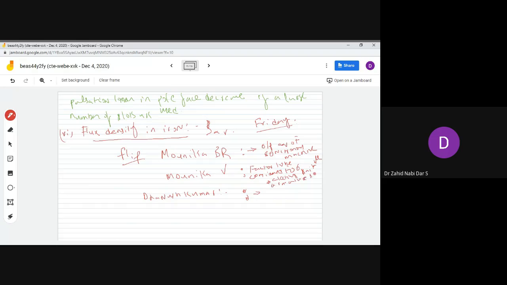And Danush Kumar, is Danush Kumar there? Tell Danush Kumar, Ratika. I will mark him absent today. Danush Kumar, where are you? You have to explain short circuit ratio. Danush Kumar is not there.